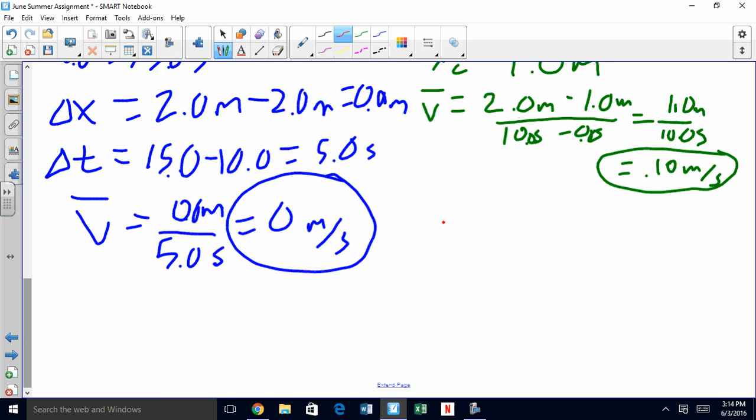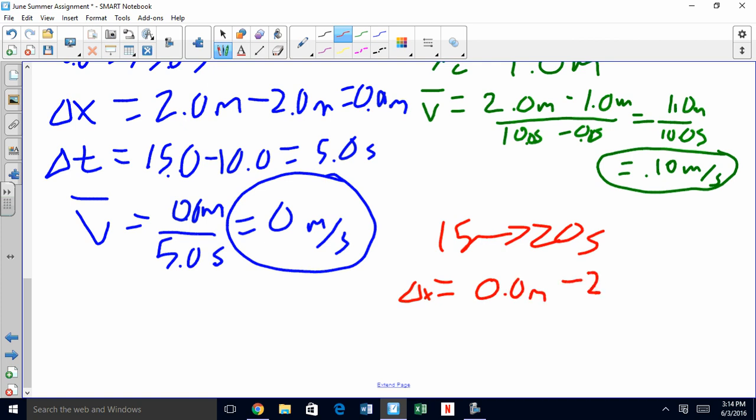So if I'm looking from 15 to 20 seconds, I would have delta x is 0 meters minus 2 meters, because final minus initial. And then if you subtract that, you would get negative 2 meters.